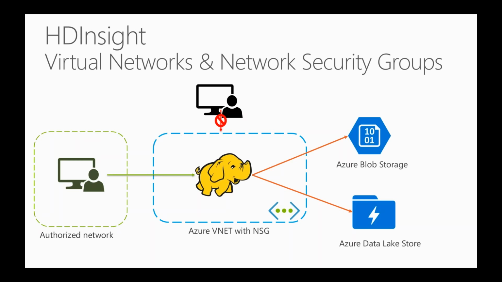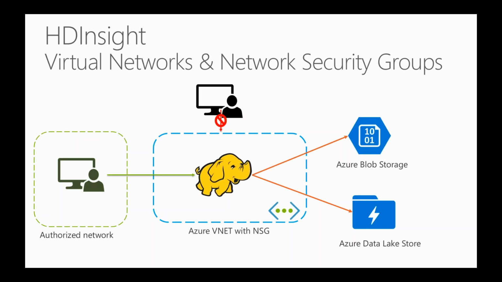So the way to do that, we set up HDInsight inside of a virtual network, and then we will define network security groups within that virtual network that whitelist what networks and IP addresses will accept incoming traffic from. So in this example, I have two virtual networks.